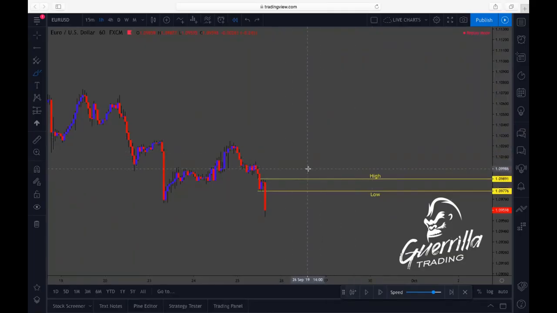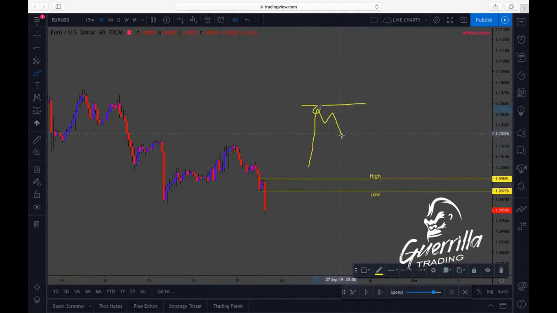Well, what I do and what we look for in the Guerrilla trading community is that once we get a nice impulse, we get a pullback, we look at how we break this most recent high here. Because if we are looking for a trend, we expect it to impulsively break.